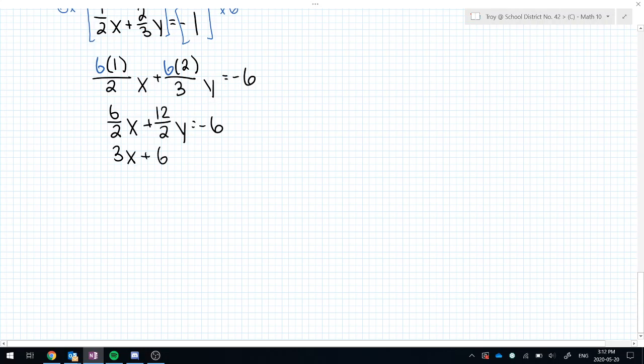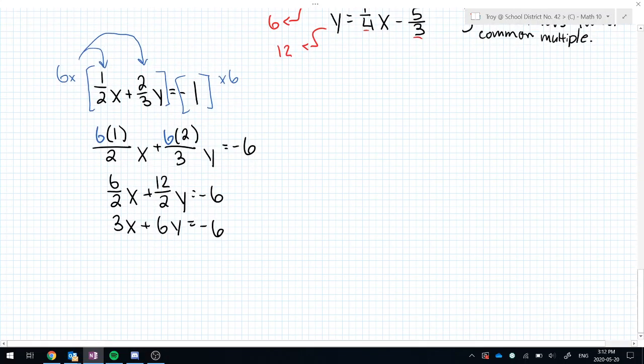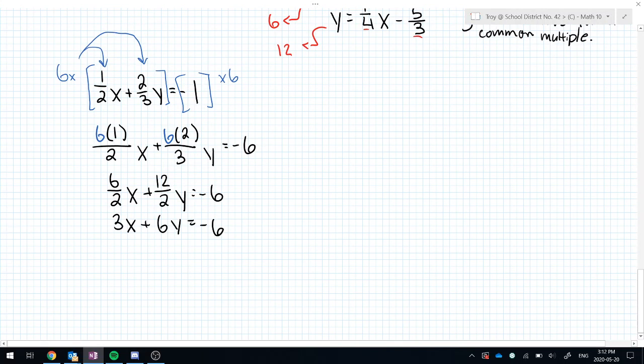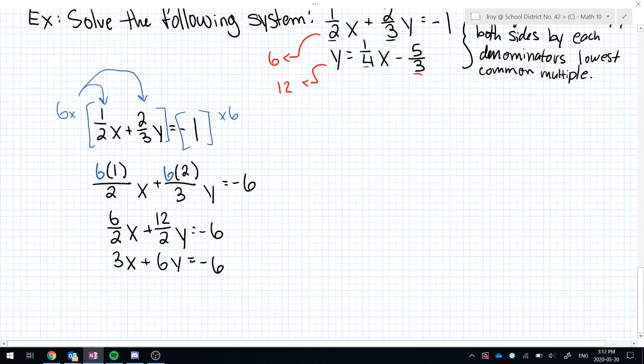Well, that's 6. And now, look how simple it is. It's just 3x plus 6y equals negative 6. That's way easier than 1/2 x plus 2/3 y equals negative 1. We've simplified it now. Let's do the same with the other equation in the system.